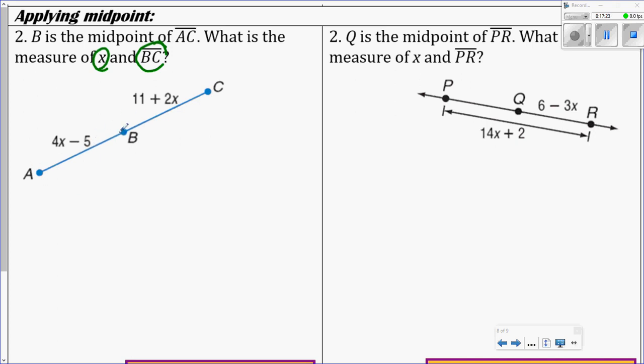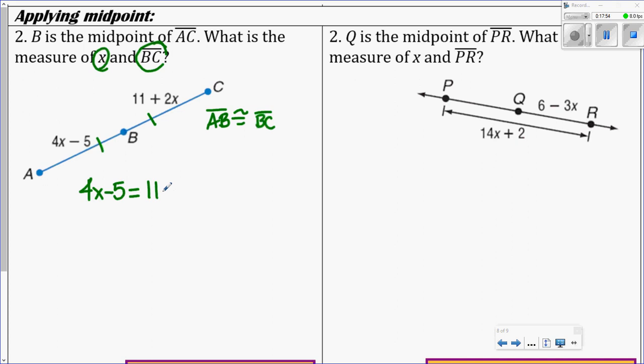Again, think of midpoint as the halfway point. So that means this segment is congruent to this segment. I'm going to write segment AB is congruent to segment BC. Remember, midpoint is the halfway point. If you're the halfway point on a line, that means one segment is going to be equal to the other segment. So you can set these two equal to each other.